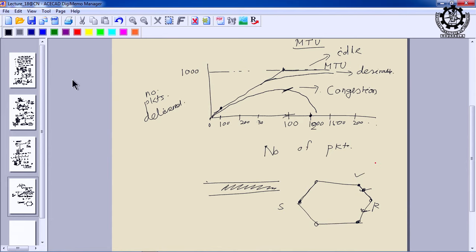So what are the factors that cause the congestion? Let us say you have a topology like this. This is a node A, B, E, F. B is a node which receives the packets from A and forwards them to C. B is also a node which receives the packets from F and forwards to C. Earlier it was receiving packets only from A, and we say that this is the best case.